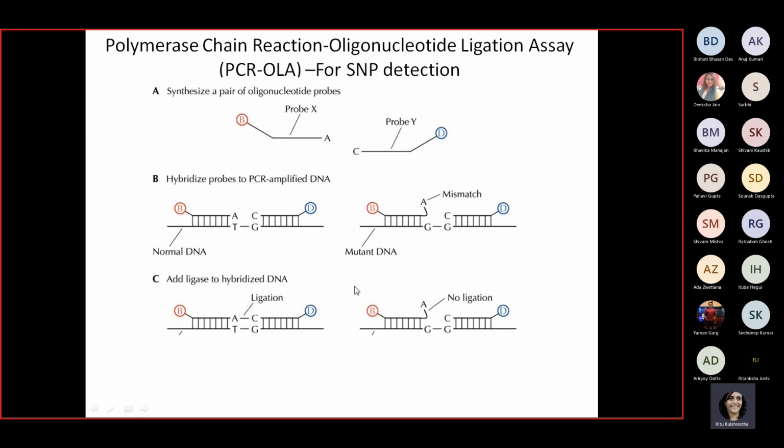And anyway, after this ligation, I have denatured my DNA. I denature my DNA, so what will happen? This ligated product will be floating, and this particular strand will be floating. Similarly, in this case, when you denature it, this below strand will be separate, and this will be separate.